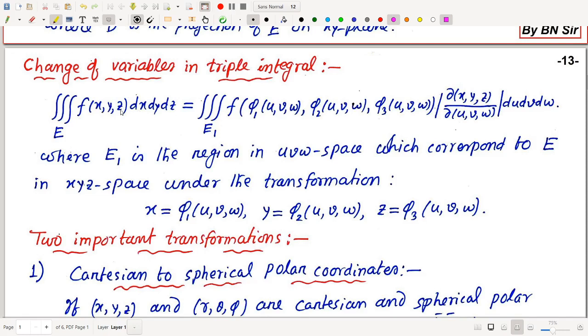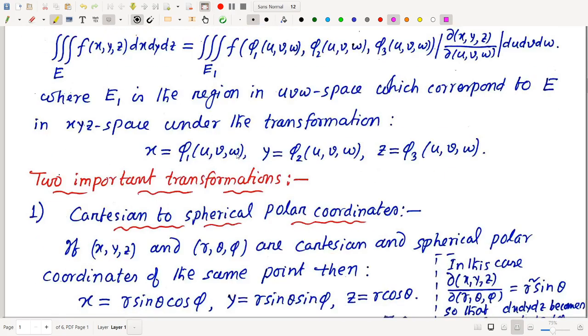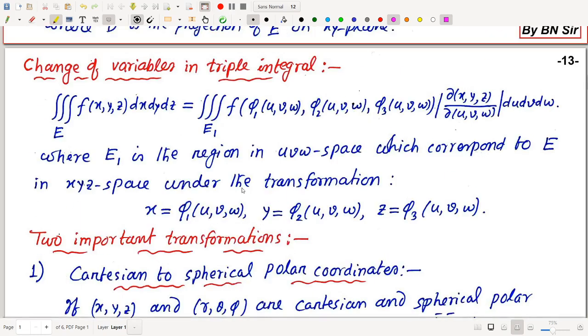The triple integral of the function f(x, y, z) over the region E with respect to x, y and z is given by the triple integral of the same function f, but with x, y, z replaced by phi 1(u,v,w), phi 2(u,v,w), phi 3(u,v,w), over the region E1, and dx dy dz becomes the modulus of the Jacobian of the transformation, del(x,y,z) by del(u,v,w), times du dv dw, where E1 is the region in uvw space which corresponds to E in xyz space under the transformation x equal to phi 1(u,v,w), y equal to phi 2(u,v,w), z equal to phi 3(u,v,w). So this is the formula for change of variables.